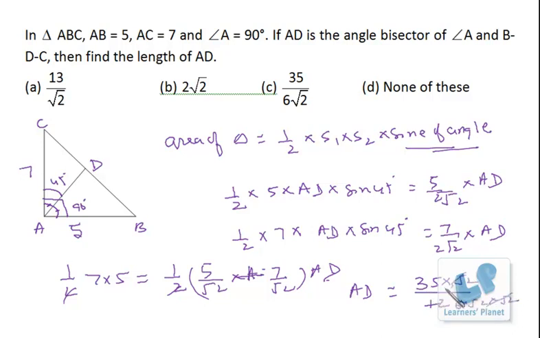So it is 35 over 6 root 2. Okay, quite simple. You just have to use the sine formula to find out the area of triangle, and we use the concept that area of this triangle plus this triangle will be the area of the complete triangle.